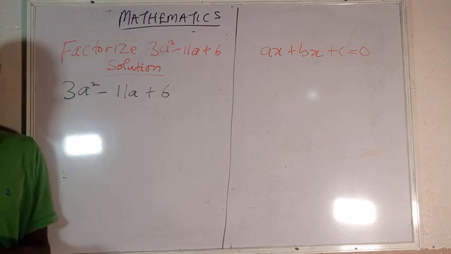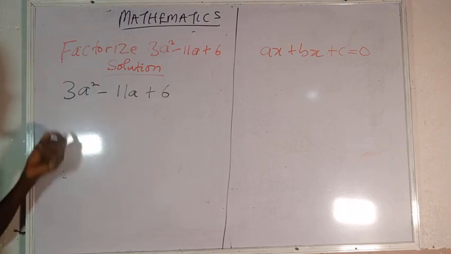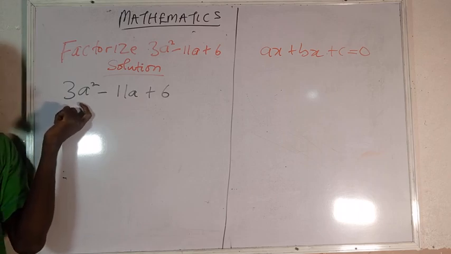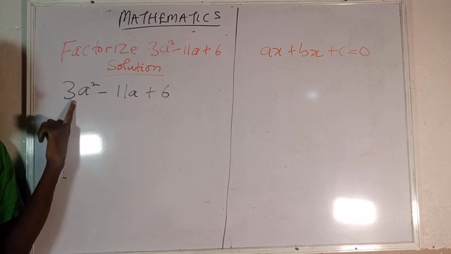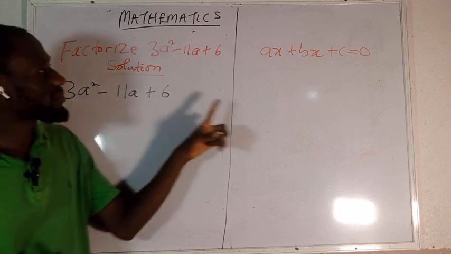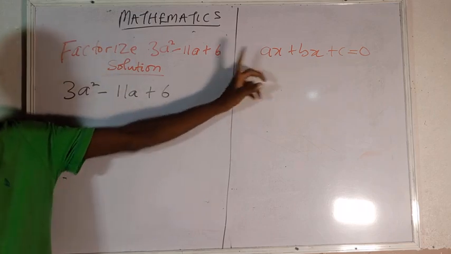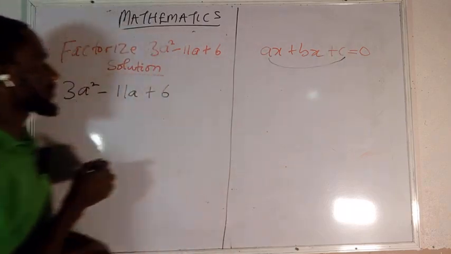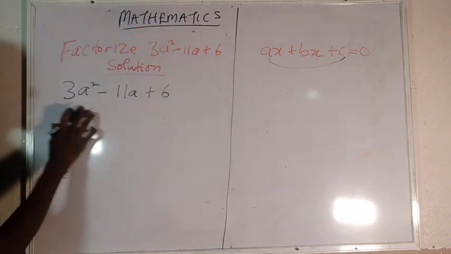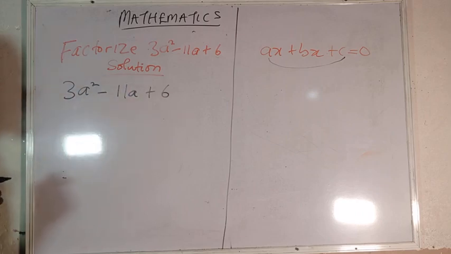Whenever you are factorizing a quadratic equation, you're supposed to check the coefficient of a², which is now 3. Remember, if it contains a coefficient, you must multiply it with c. You have to multiply 3 times 6, where you get 18.